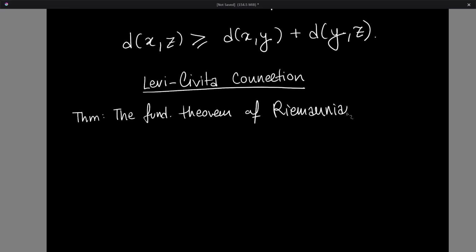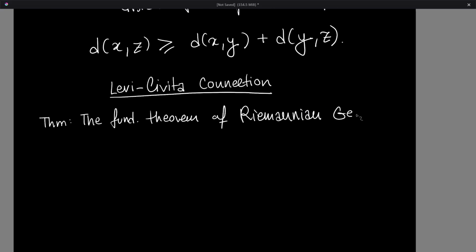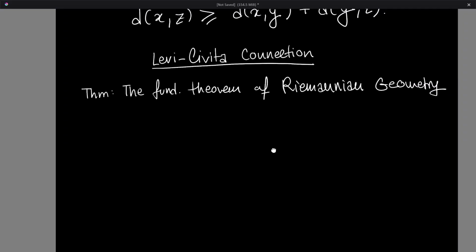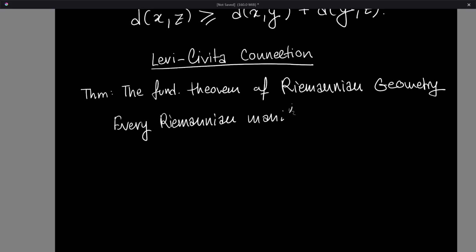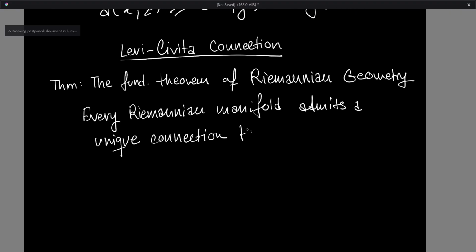Really important, apparently, that you have to know that every Riemannian manifold admits a unique connection that has two properties.